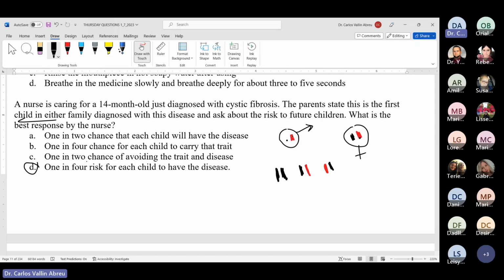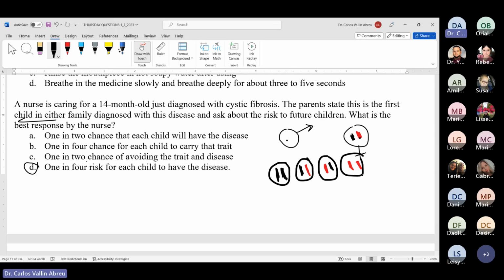And the other possibility is that dad gives this chromosome, the red. Now I finish with that chromosome, and mom gives this chromosome. Okay, those are the 4 possibilities, the 4 chances that can occur each time they make 1 baby.